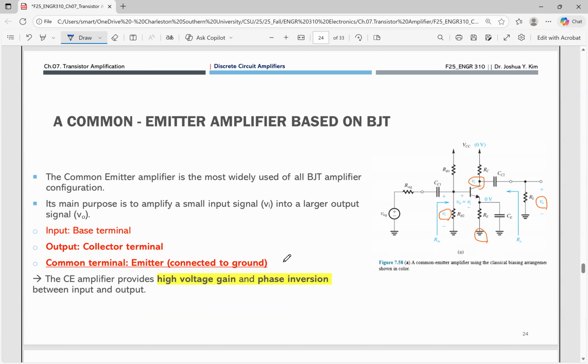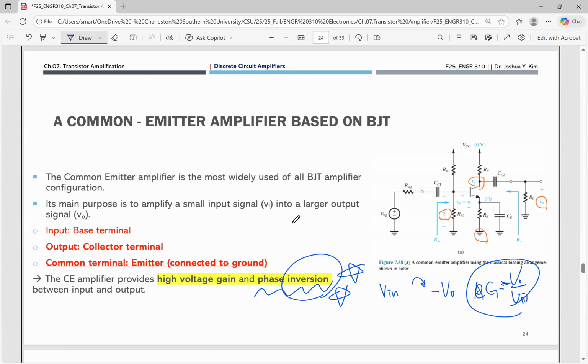Its main purpose is to amplify a small input signal into a larger output signal. It also has phase inversion, which is very important. It means that for input V sub in, the output is minus V sub out, so the gain V sub out over V sub in is a negative value.